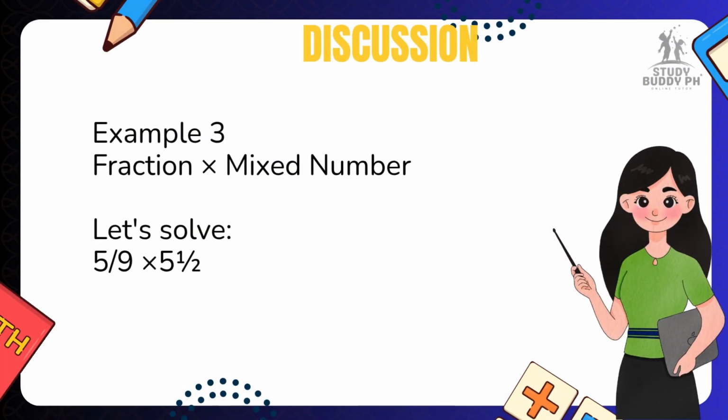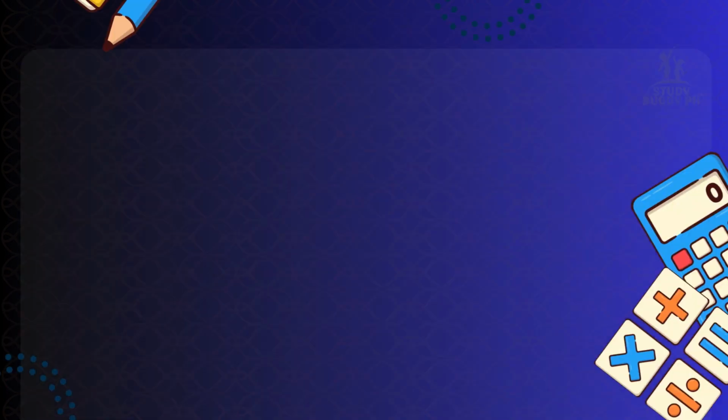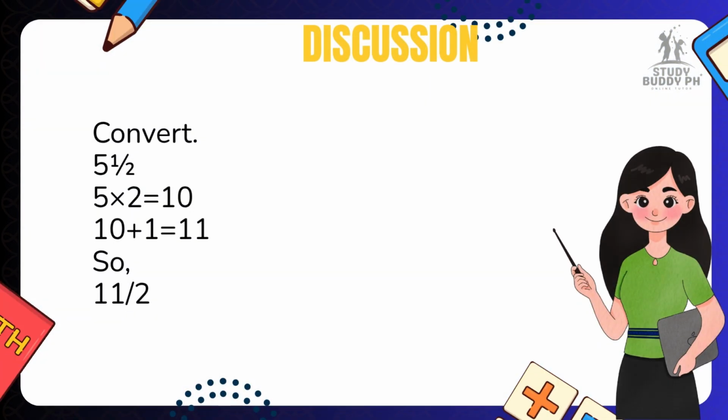Example 3. Fraction times mixed number. Let's solve 5/9 times 5 1/2. Convert. 5 1/2. 5 times 2 equals 10. 10 plus 1 equals 11. So, 11 over 2.